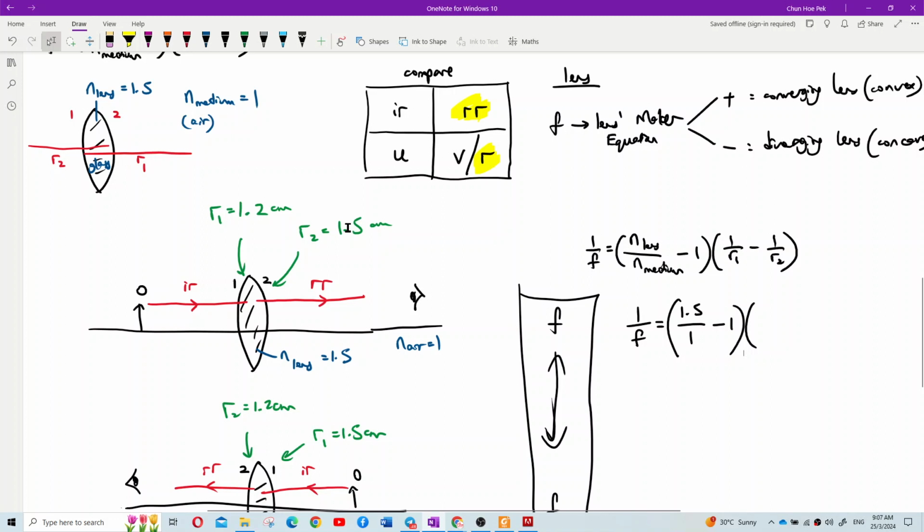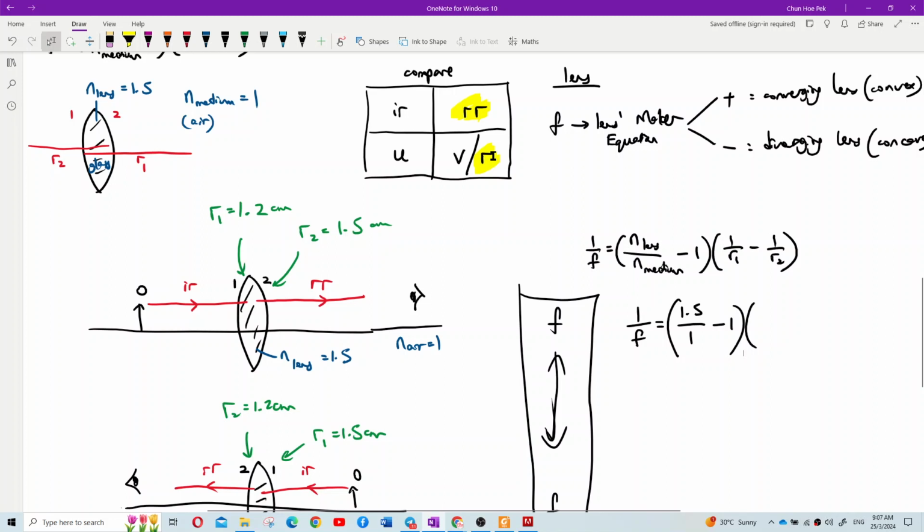R1 and R2 can be negative. So I must first compare the radius of each surface with the reflected ray. That's why it's very important for us to first draw the incident ray and reflected ray. After that, only then can we compare the radius with the reflected ray, and only then can we know whether the radius is positive or negative.